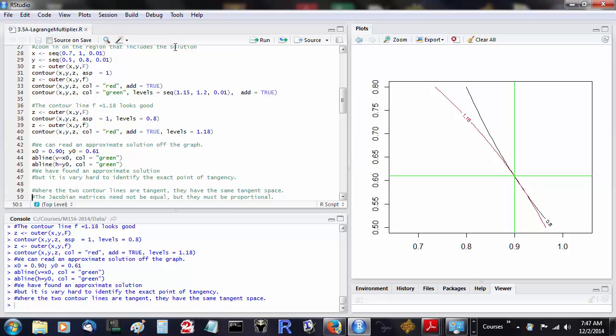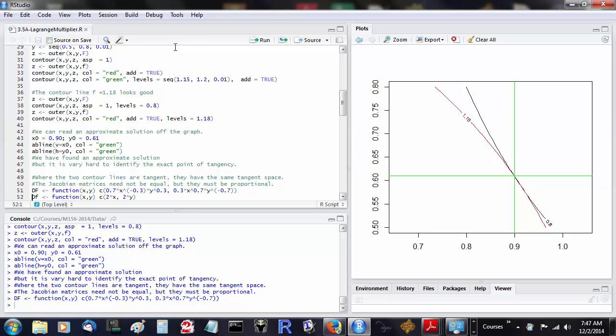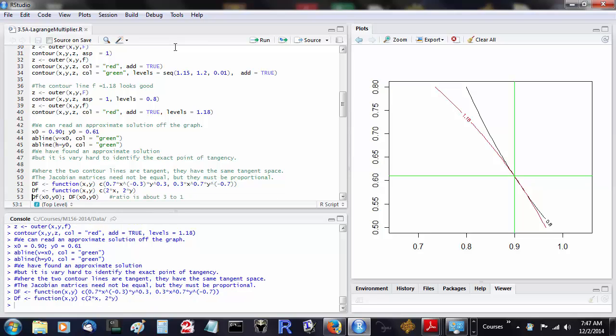So we can't insist that the Jacobian matrices for the constraint capital F and the function little f that we're trying to minimize are equal, but we can say they have to be proportional in order to have the same tangent space. I've worked these out using techniques of ordinary calculus to get the Jacobians d capital F and d little f.